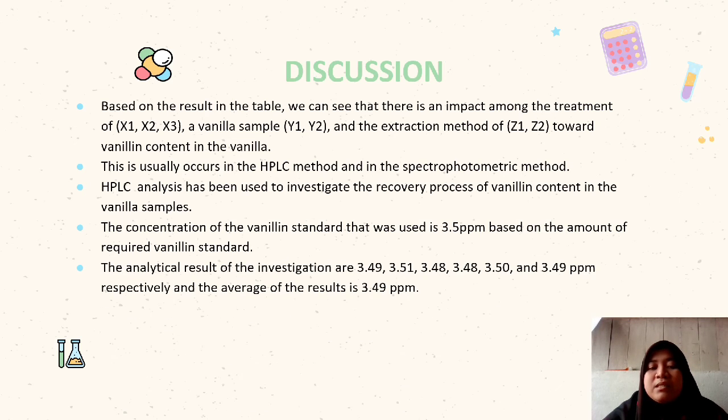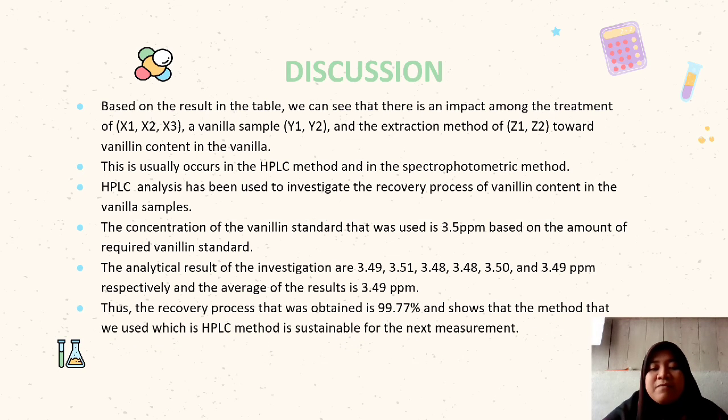The analytical results of the investigation are 3.49, 3.51, 3.48, 3.48, 3.50 and 3.49 ppm respectively, and the average of the results is 3.49 ppm. Thus, the recovery obtained is 99.77%, which shows that the high-performance liquid chromatography method we use is suitable for the next measurements.